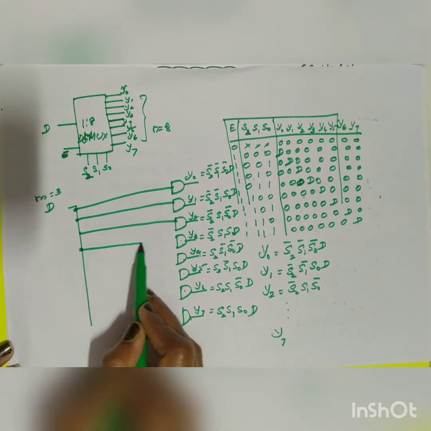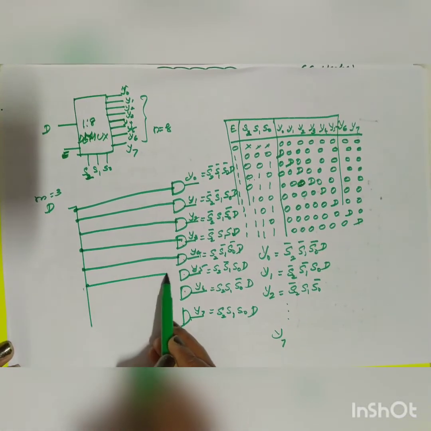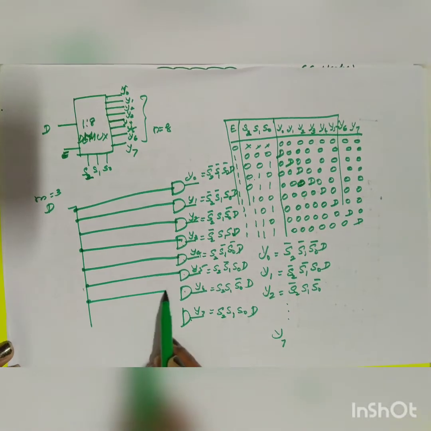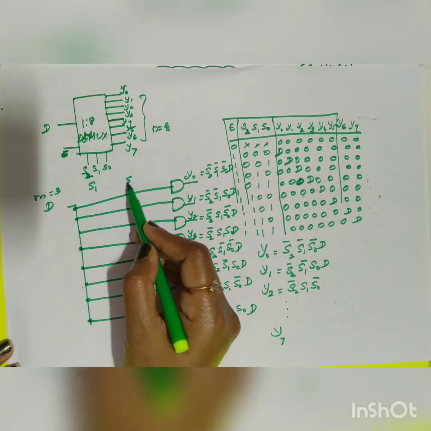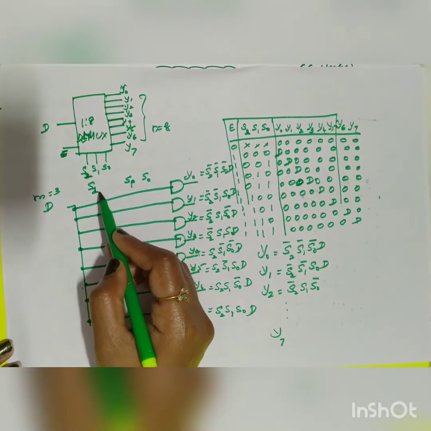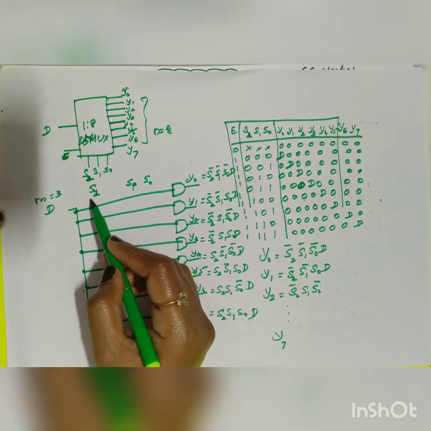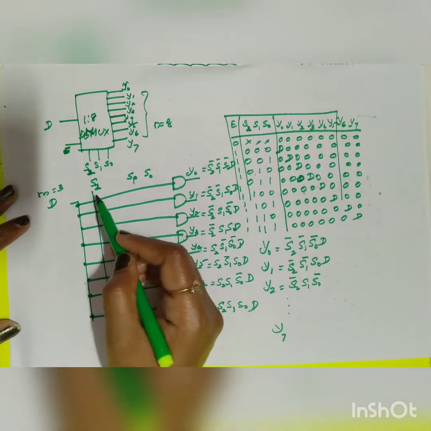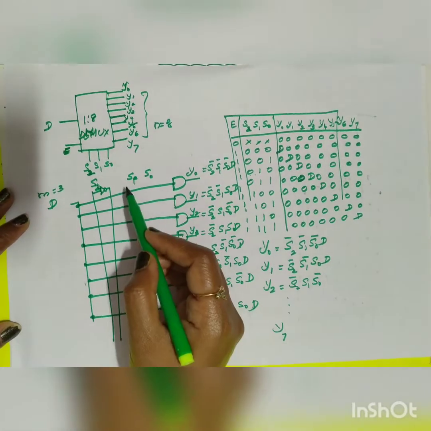So we will finish off this connection. One of the inputs to the AND gate will be the data, and what are the next inputs you will be having? Sorry, three select inputs, right? S2, S1 and S0. If you want a complement of this, you will have to add a NOT gate. So this is going to be your S2 line, and you will be having a NOT gate, and this is going to be your S2 bar.